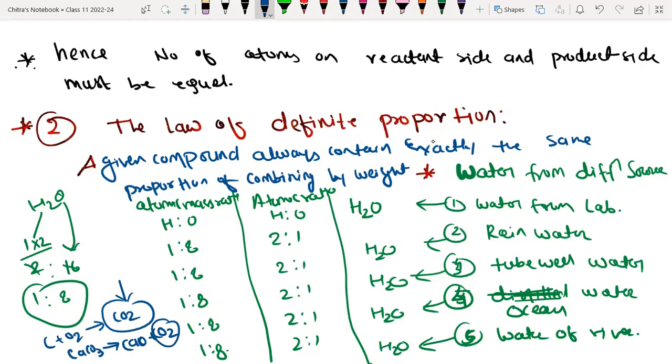So we had the same compound called carbon dioxide, but from different sources, right? If you calculate the atomic mass ratio of carbon and oxygen, you will get the same. The compound must be carbon dioxide. You can take from any source, the mass ratio of the combining elements will always remain the same. This is called the law of definite proportion.